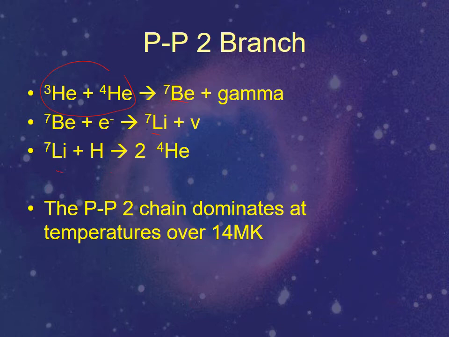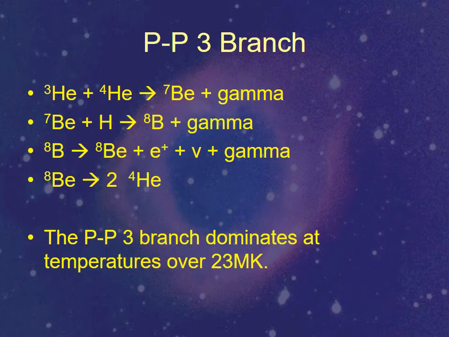In fact, the idea that lithium can fuse with hydrogen was the basis behind the very first hydrogen bomb that was built. And so this chain starts to dominate when the core of the sun gets hotter than about 14 million Kelvin. Right now the sun's not quite that hot, and so the proton-proton 1 chain dominates.